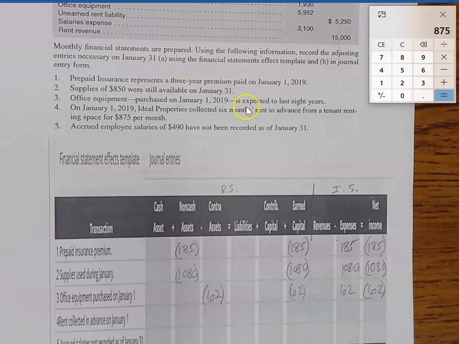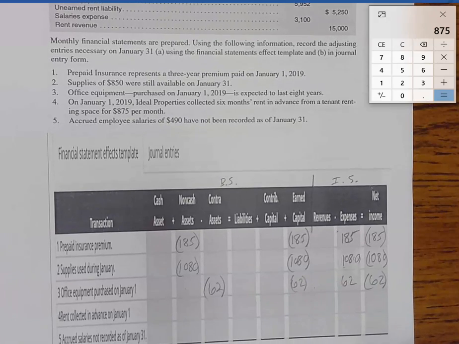We don't have to do that. They just went ahead and gave us the amount of $875 per month. And I just wanted to take that $52.50 and divide by 6 to show you that there was a relationship between this $875 here and the $52.50 that they provide us right here. Okay, so we have several things going on with this.